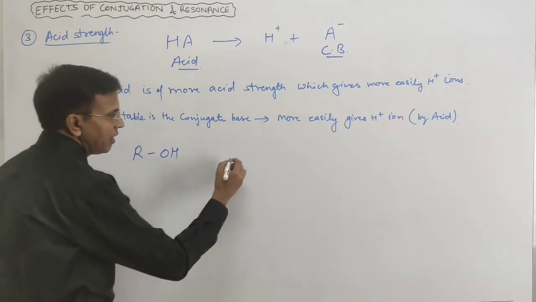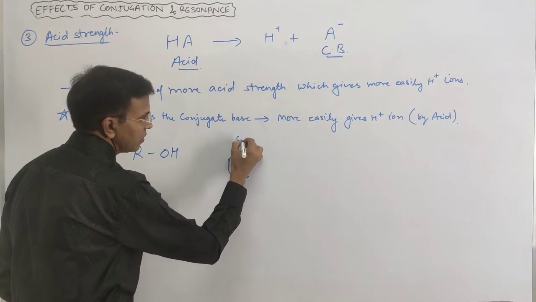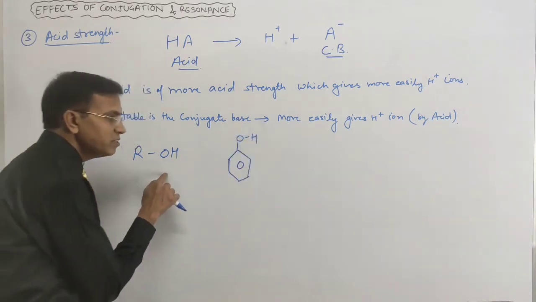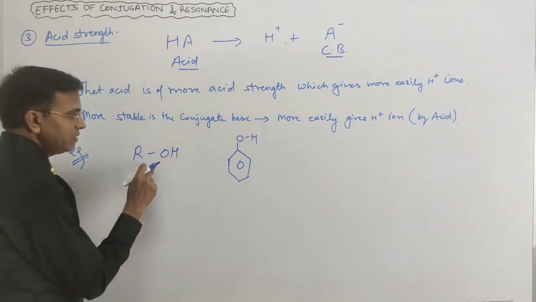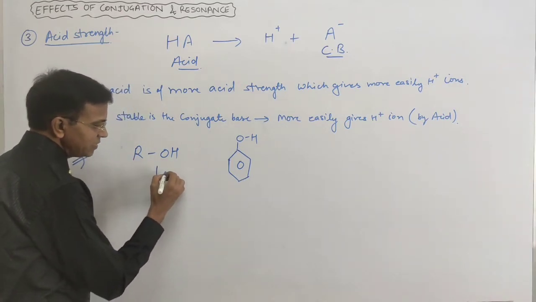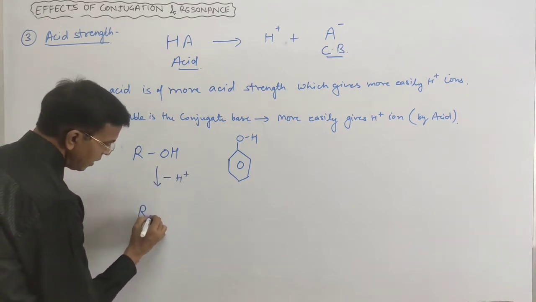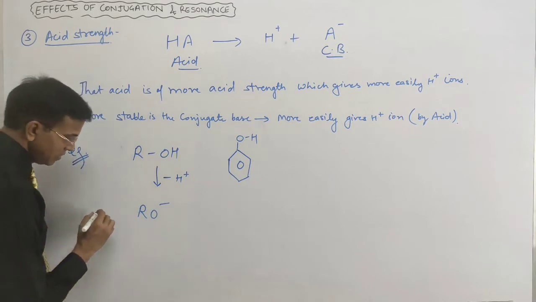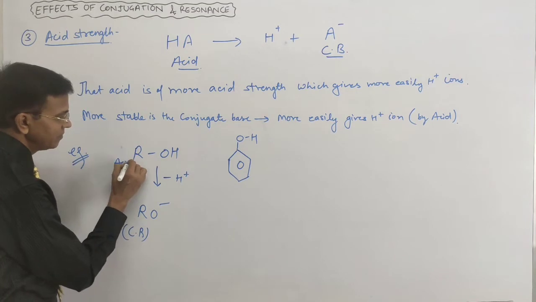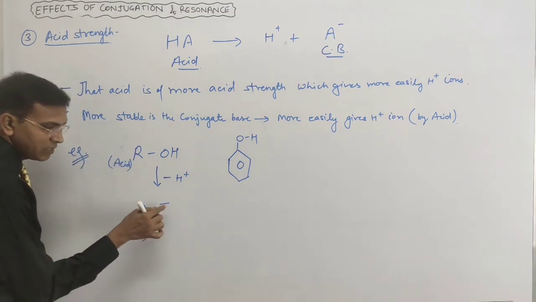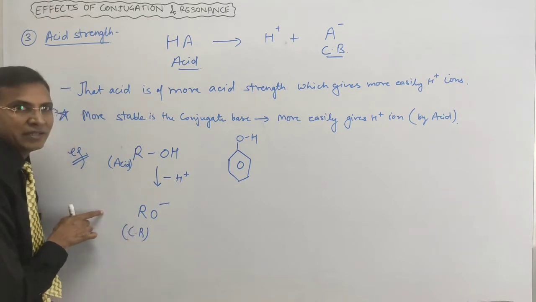alcohol, and here is the phenol. Which is the stronger acid between the two? So in this, when this is going to release the H positive ion, it will give the RO negative conjugate base. It is the conjugate base, right? And this is the acid. But this negative charge is not in conjugation with the carbon chain.